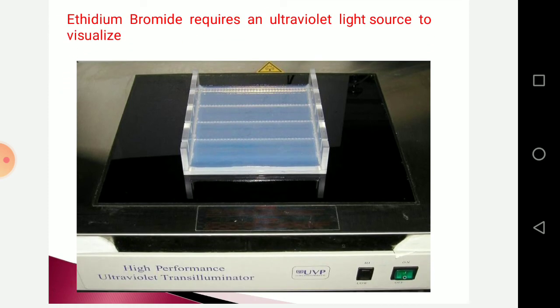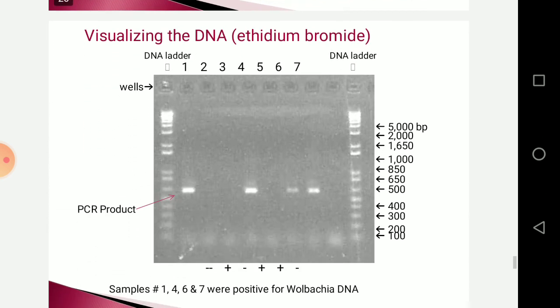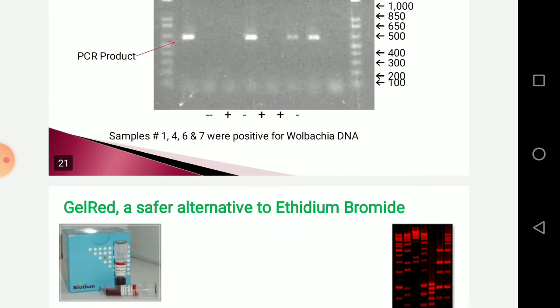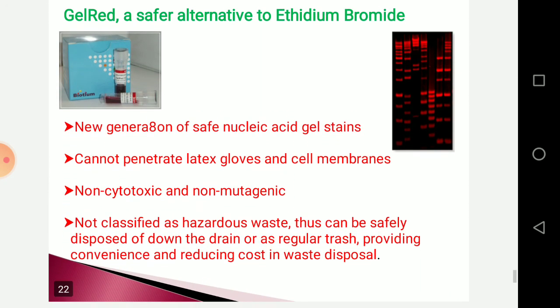This is the chamber. After running your electrophoresis, the gel is kept on an ultraviolet light for the visualization of your sample. And this is the visualization of DNA under ethidium bromide. Instead of ethidium bromide, you can use GelRed, which is a safer alternative.